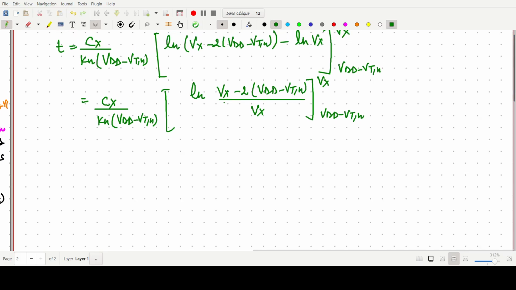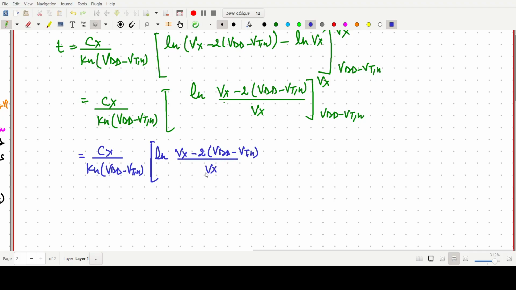Now we have to put the limit values. Here we have to be very careful because we are going for the final step. So VDD minus Vtn as it is. Now here we have to write Vx. For the upper limit, what we can write? ln Vx, so Vx, no need to disturb, twice VDD, Vx, first limit is over.